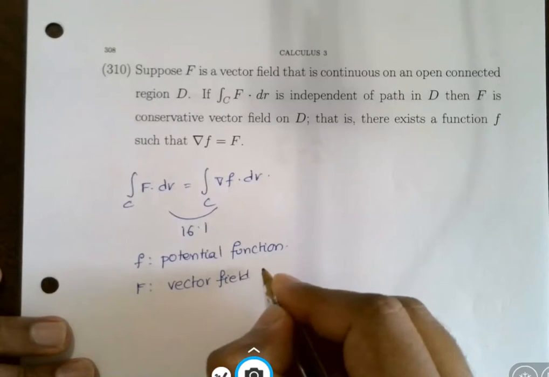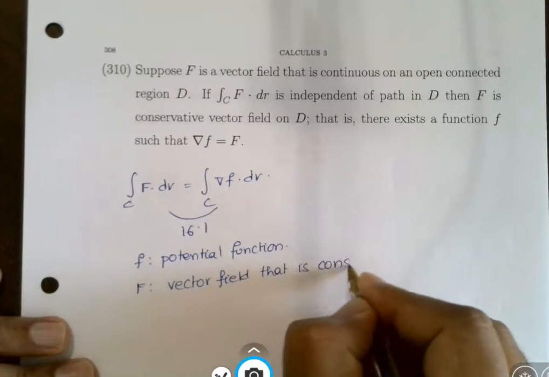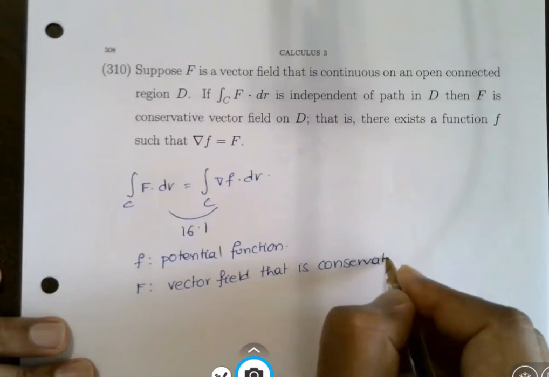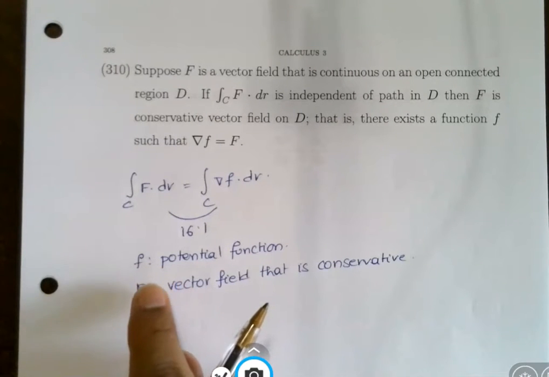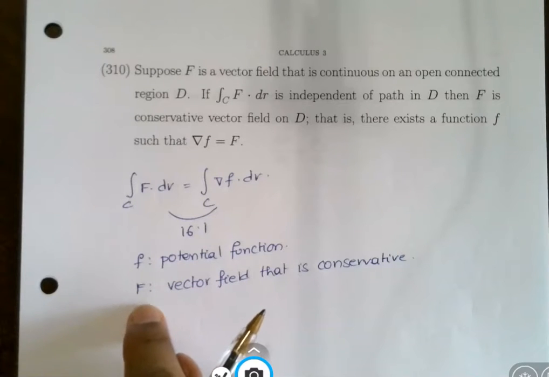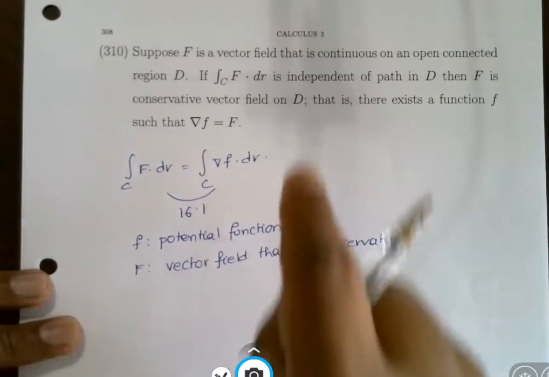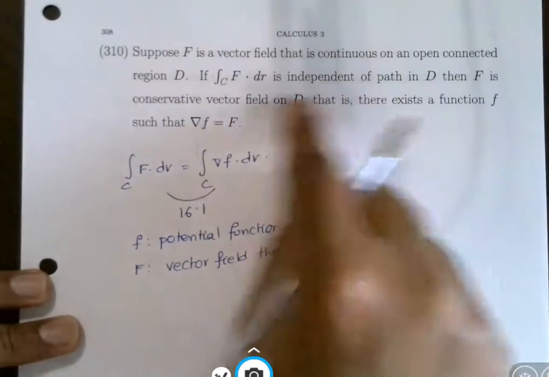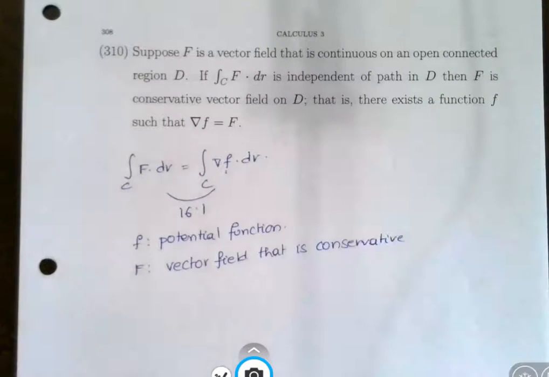In other words, if you can find a function f such that the gradient of f is equal to this capital F, then F is said to be a conservative vector field. Then if this is independent of the path, F is the conservative vector field, and you can find such a function f.